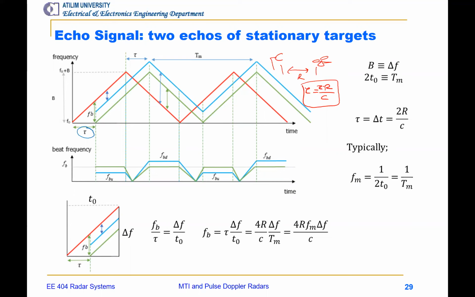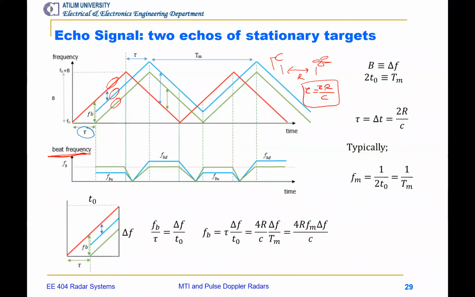Now, if we take the difference of this red curve and blue curve, we get the beat frequency, which is used to measure the range and speed of the target. It's a very important parameter, the parameter that we would like to measure actually. Once we measure this parameter precisely, we can measure the speed and range of the target easily.